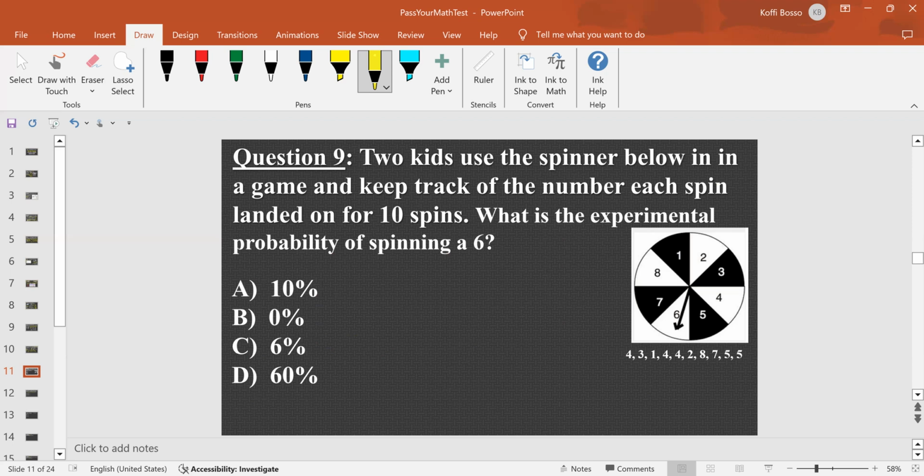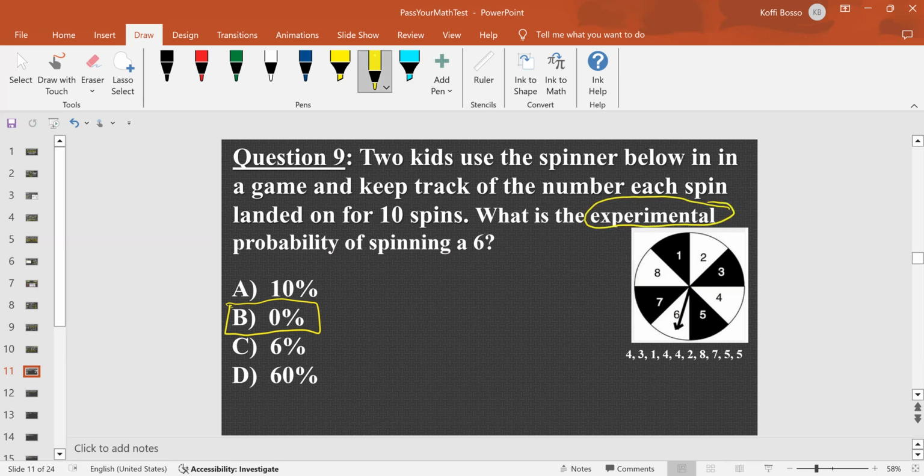So, I can tell you that for question number 9, the correct choice here is B, 0%. Two kids use the spinner below in a game and they keep track of the number each spin landed on for 10 spins. What is the experimental? So this is another keyword here.